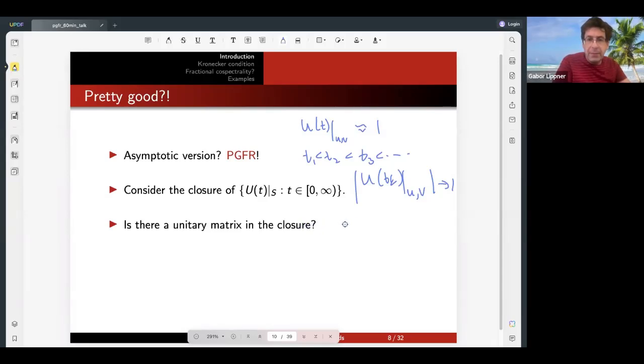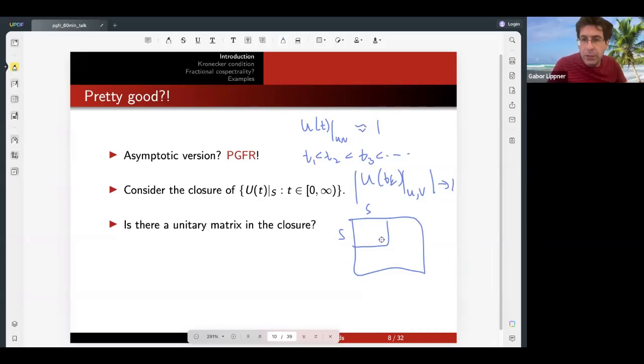At any time, we can look at this S by S submatrix of U of t, this S by S corner. And we want a sequence of times when this converges to a unitary matrix.